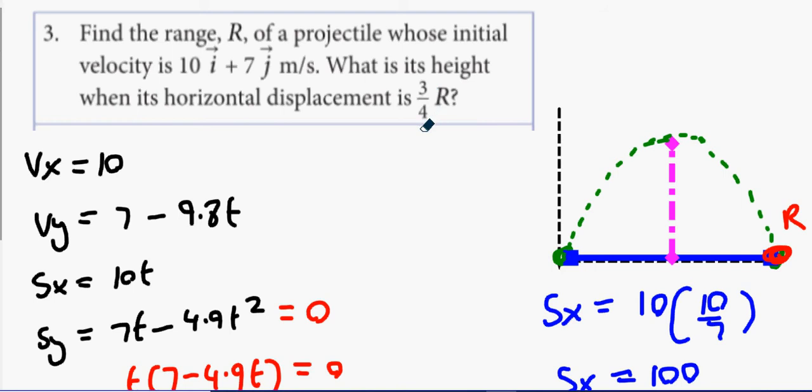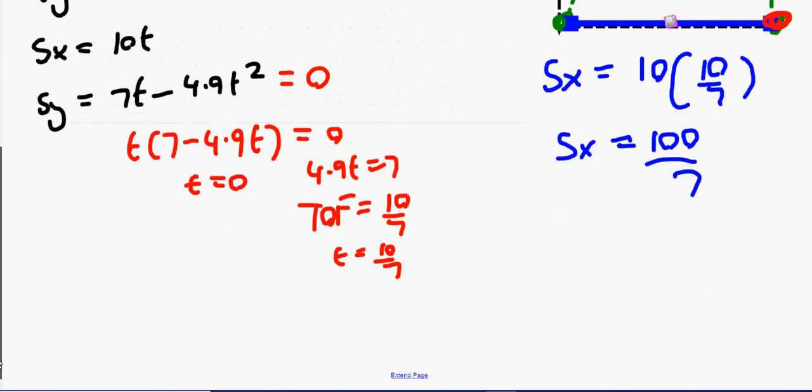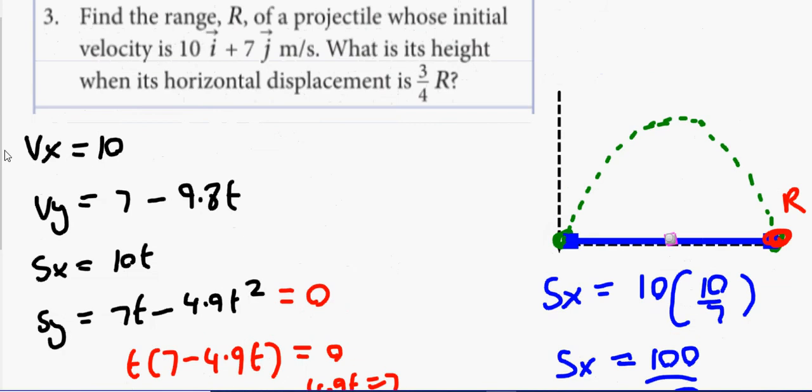Oh, sorry guys, I think I read the question wrong. Of course I read the question wrong. I was asked for the height 3/4 of the way along the range, so sorry, just give me a second. Haven't made a mistake yet, which is a good thing. So everything you see there is perfect, but I actually misinterpreted the question.